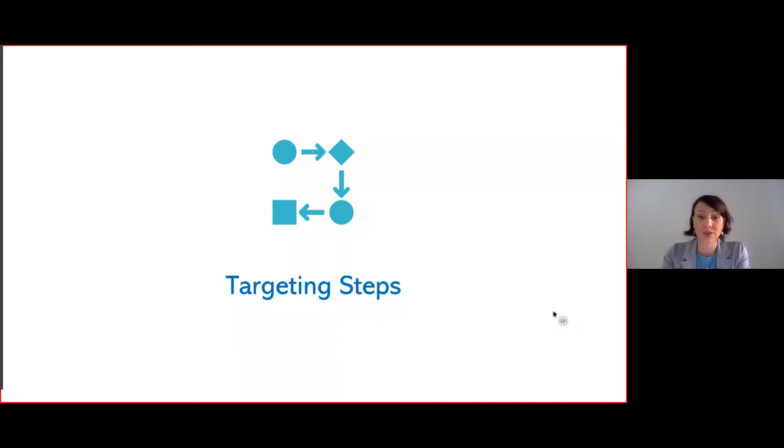So I'm going to guide you through the 9 targeting steps that are part of, as Emmanuel rightly said, the targeting process. So targeting is not one single exercise, but a combination of different steps that will guide eventually the targeting process and the targeting system in place.